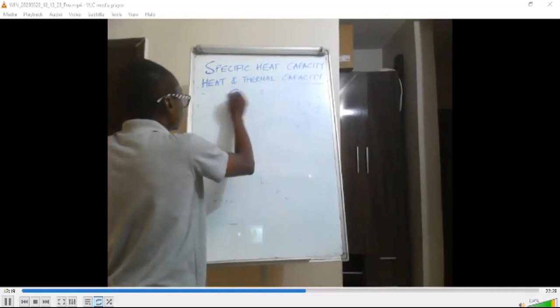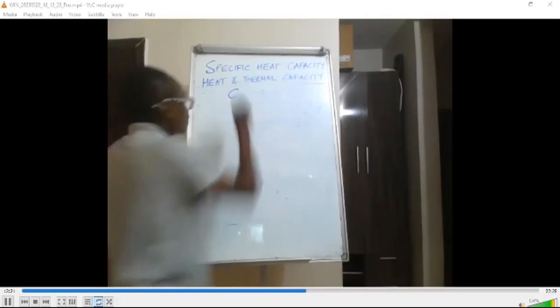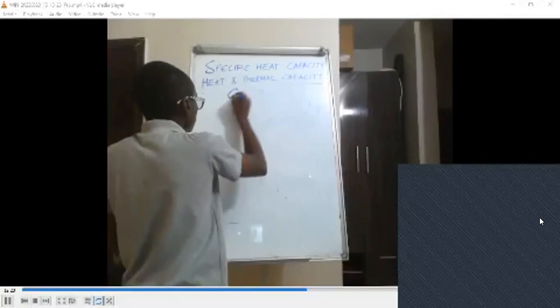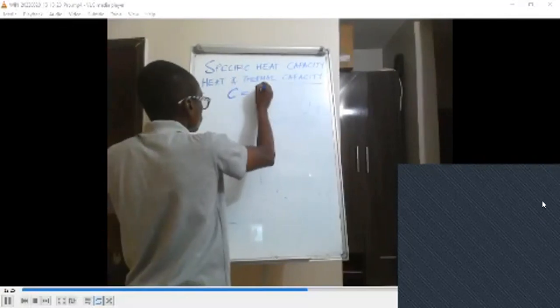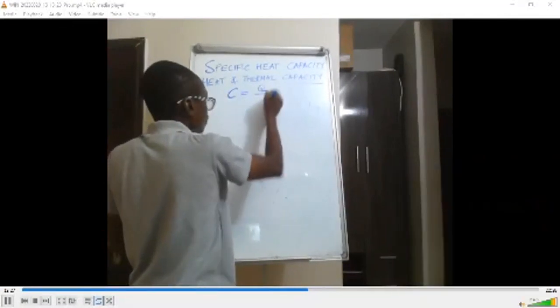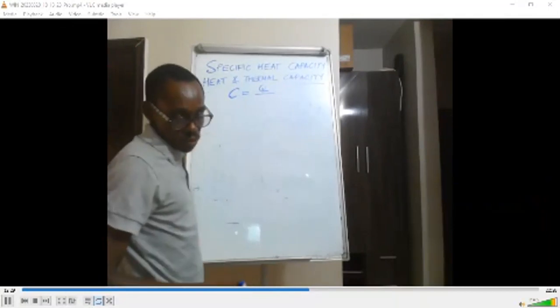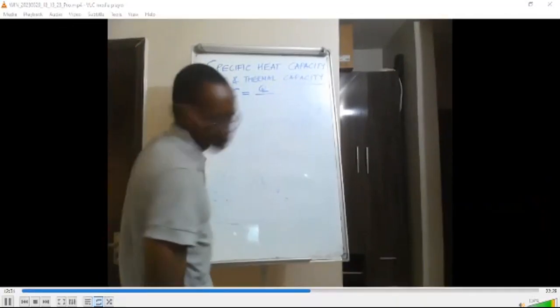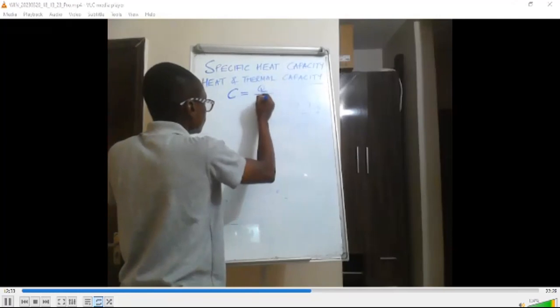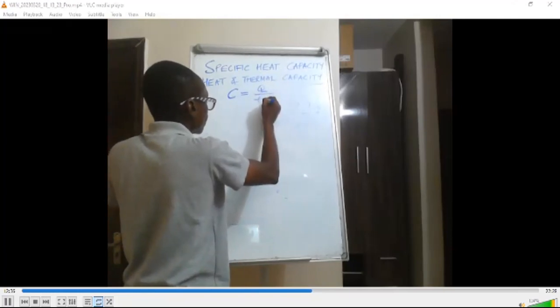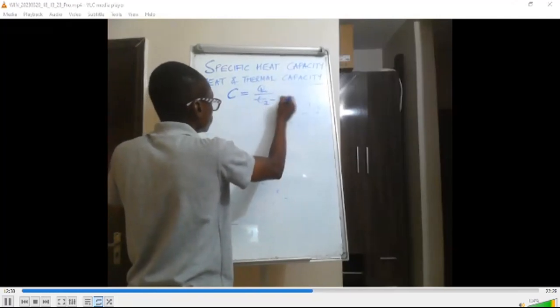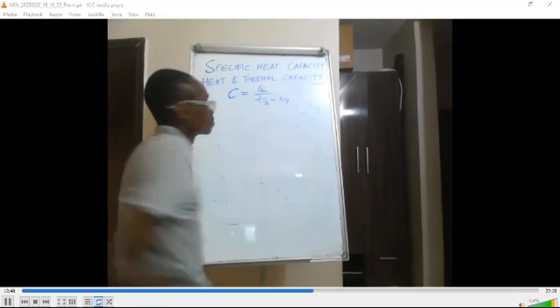Heat capacity, symbol C, is equal to the quantity of heat over the change in temperature, theta 2 minus theta 1.